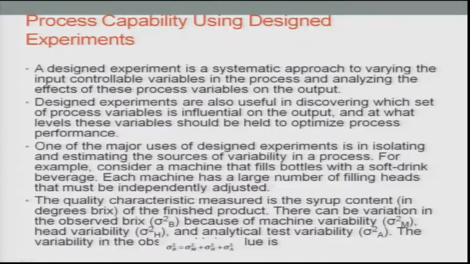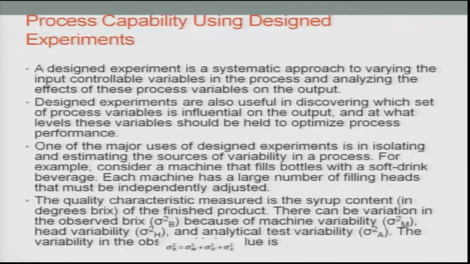One of the major uses of designed experiments is to isolate and estimate the sources of variability in a process. For example, consider a machine that fills bottles with soft drink beverages. Each machine has a large number of filling heads that must be independently adjusted.